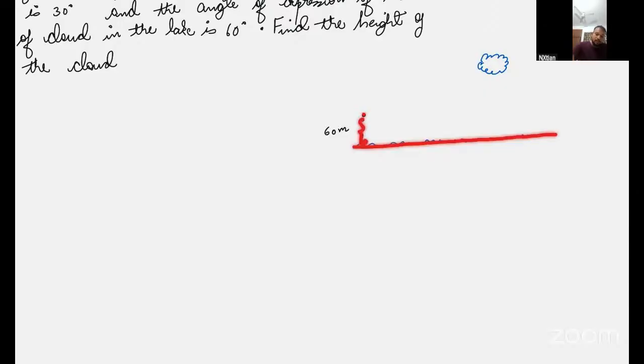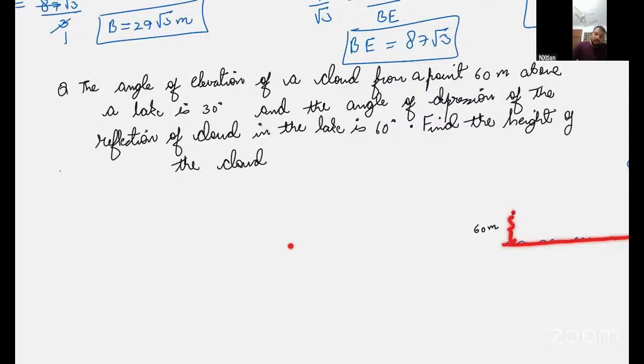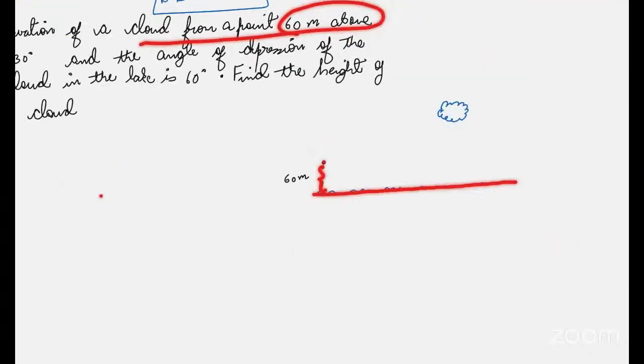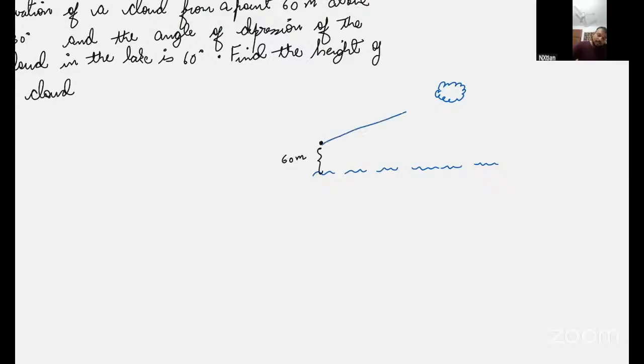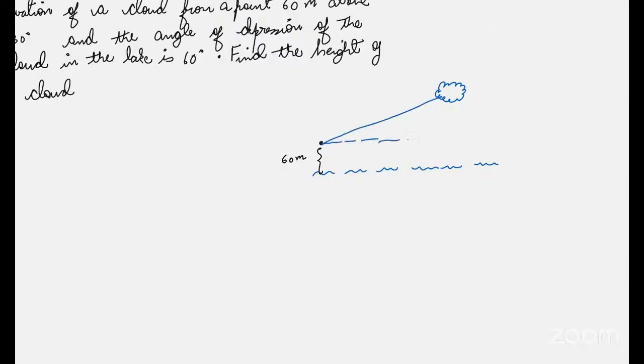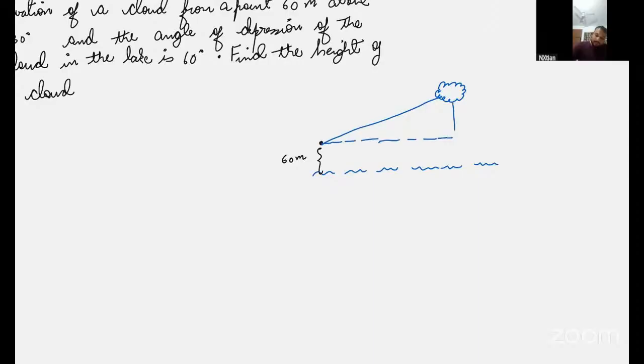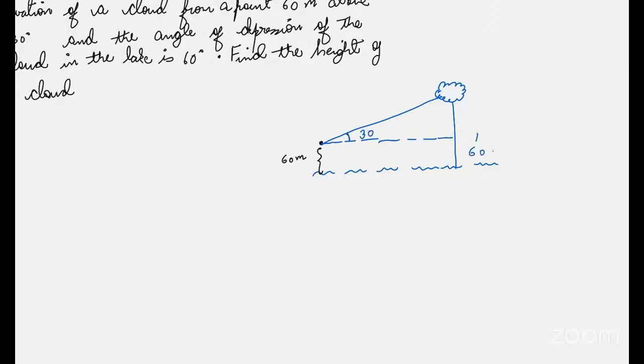Did you understand, Godwin? Yes. This point makes an angle of 30 degree with the cloud. So it is going to look like this. This angle is 30 degree. This is 60, and this is the x.